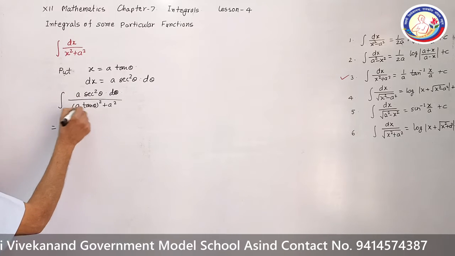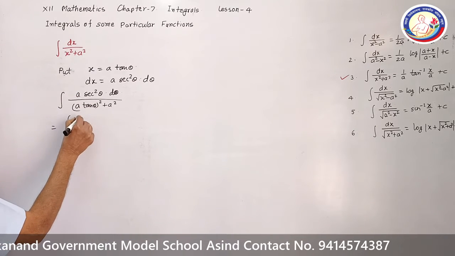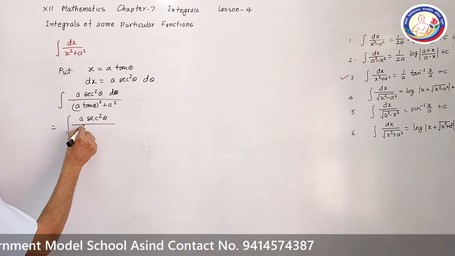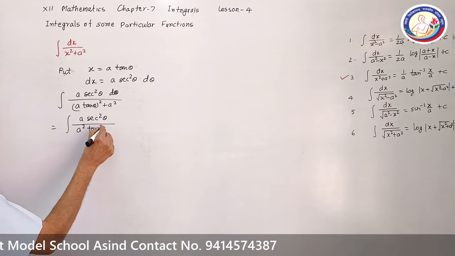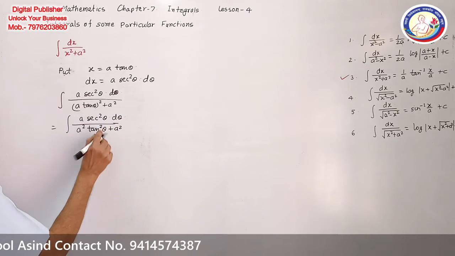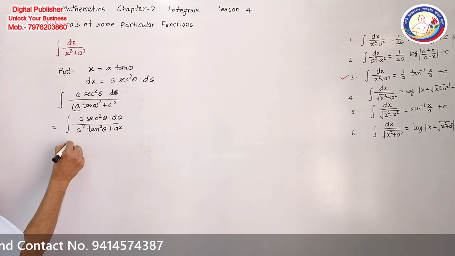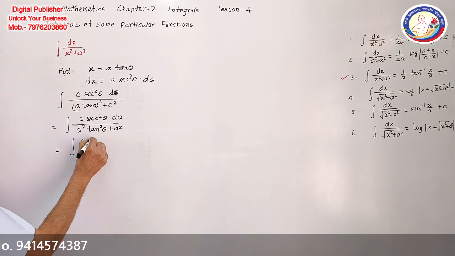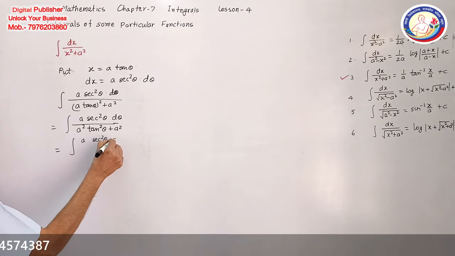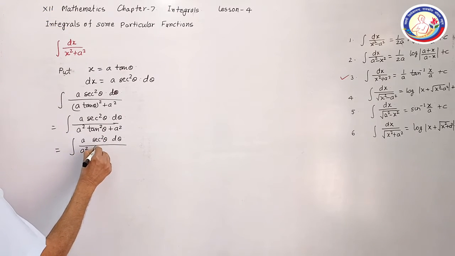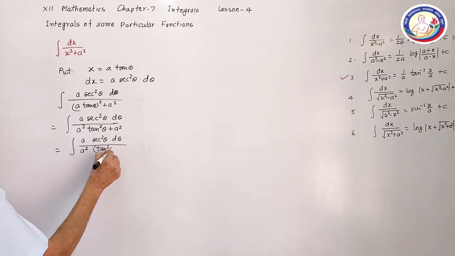Now it is a sec square theta divided by a square tangent square theta plus a square d theta. Here a square is common. A square into tangent square theta plus 1.